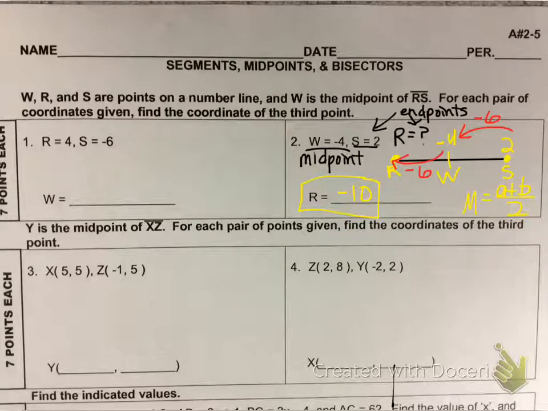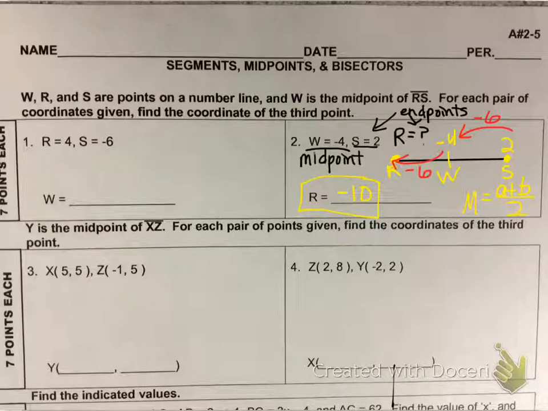If you'll take a look at number 4. We've got that Z is 2, 8. Y is -2, 2. And we need to figure out what X is. So which one of those is the midpoint on this problem?